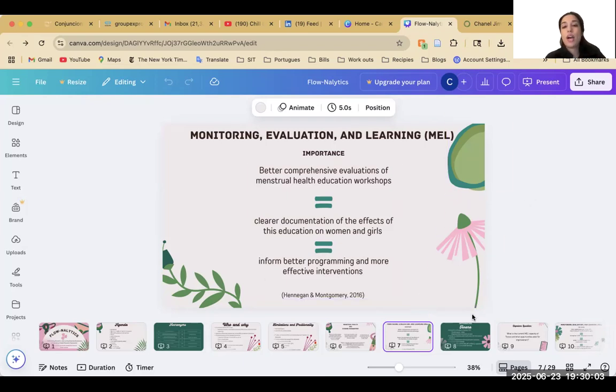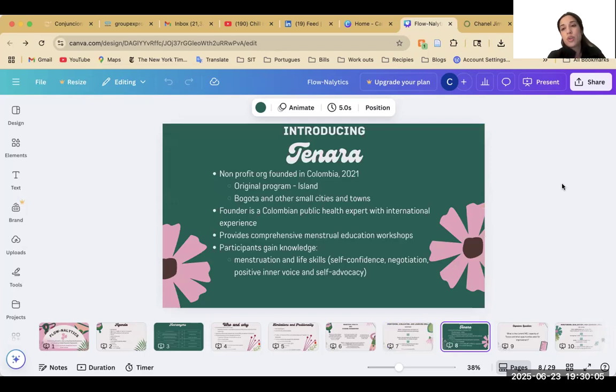And so how does this all relate to the organization that I focused on? Well, let me introduce it to you a little bit. Like I said, we're using a pseudonym, Tenara, and this is a nonprofit organization in Colombia. The original program started on an island on the outside of the country.